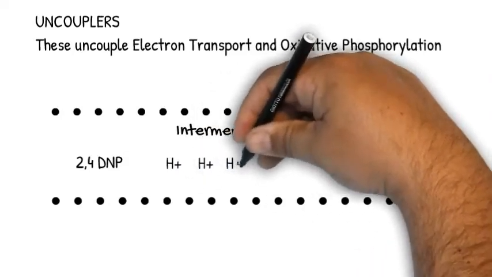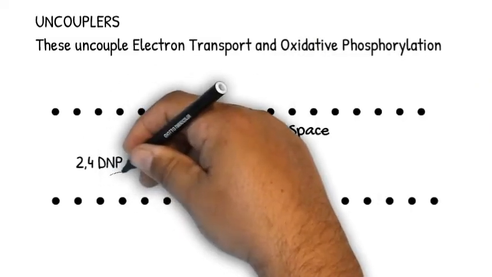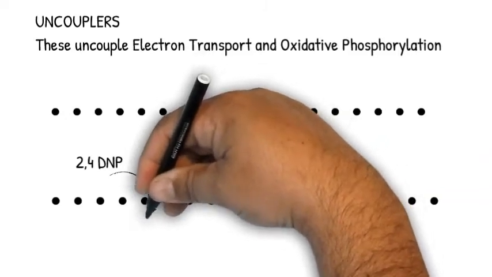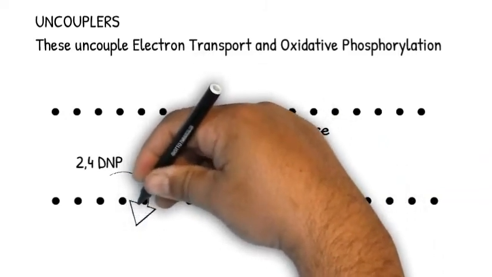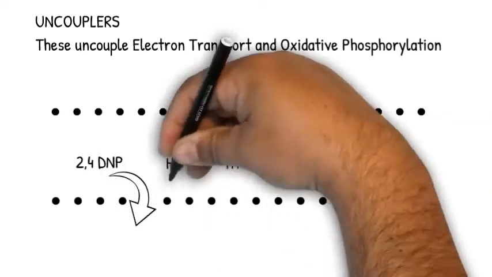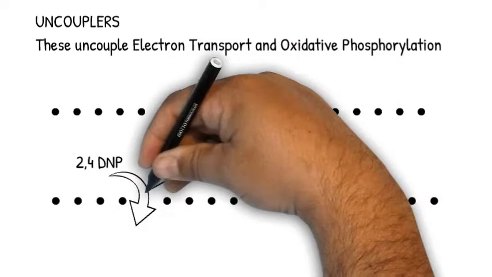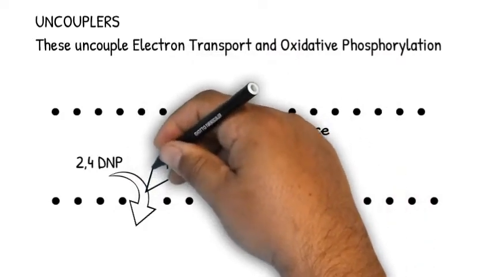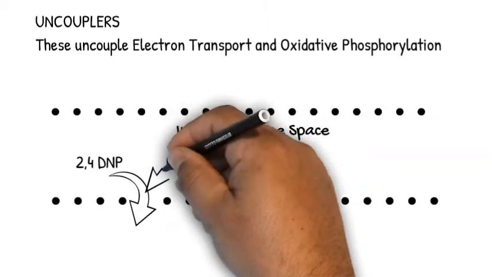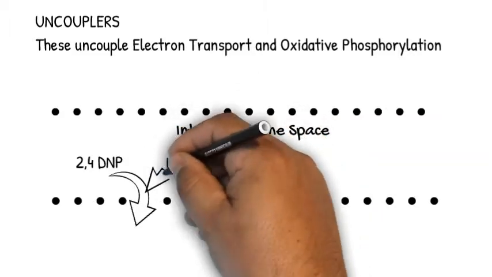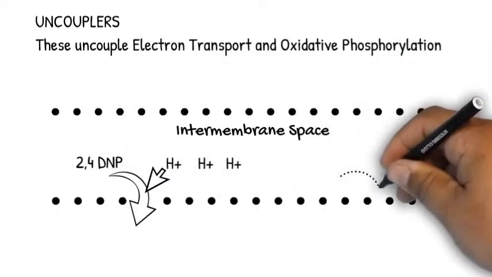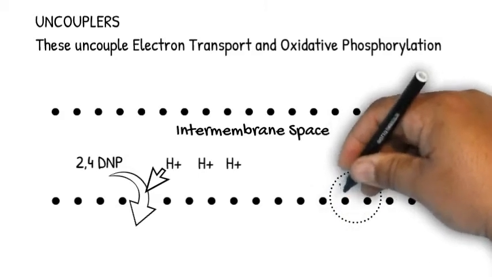So 2,4-DNP is also illegally used as a weight loss agent because it causes thermogenesis, but many people have died from its use. So in addition to uncoupling agents such as 2,4-DNP, we also have proteins which are located on the inner membrane called uncoupling proteins or UCPs.